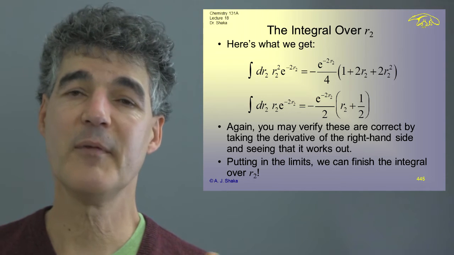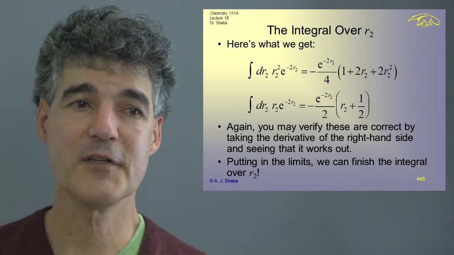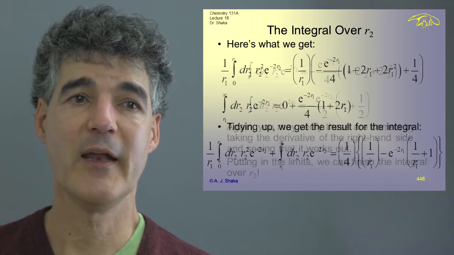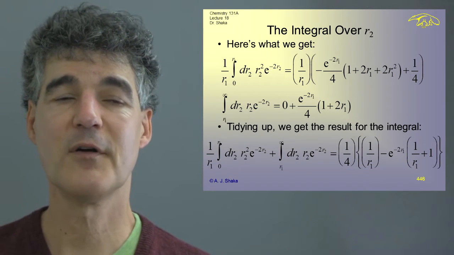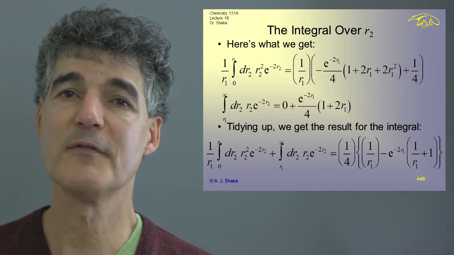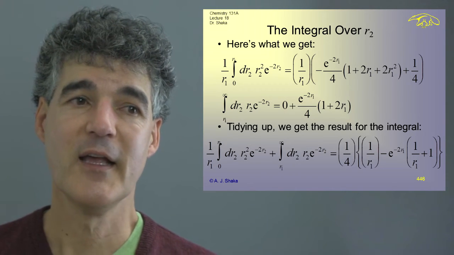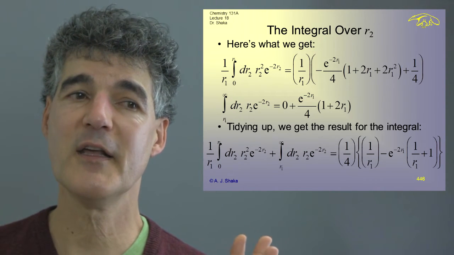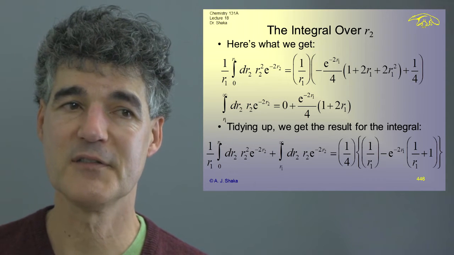Now let's put in the limits, and we can finish off the integral over R2. We put in these limits, 0 to R1 on the first integral. We get the expression at the top of slide 446. And R1 to infinity on the second integral. Well, at infinity, the exponential vanishes, so we just get 0.